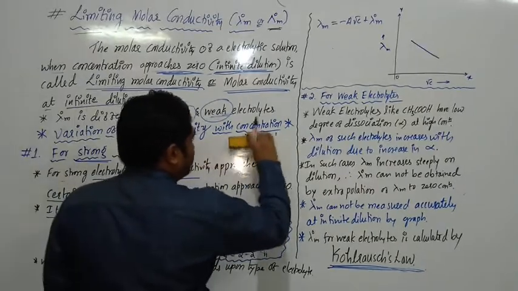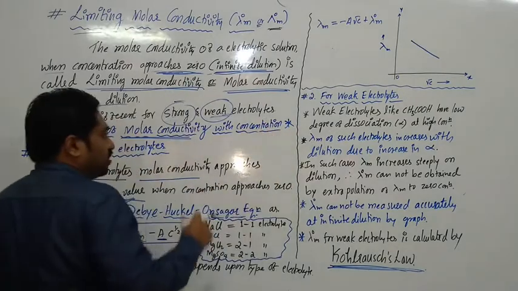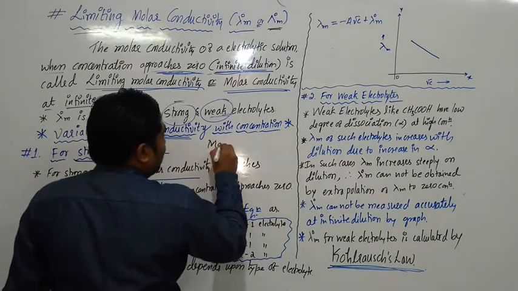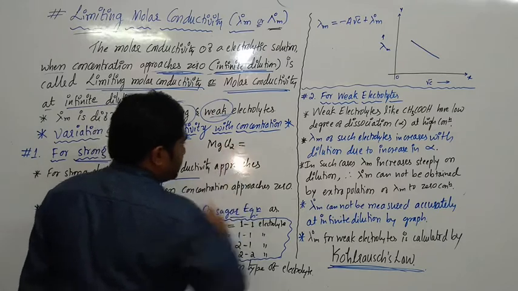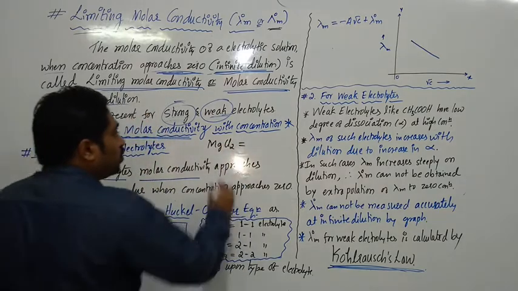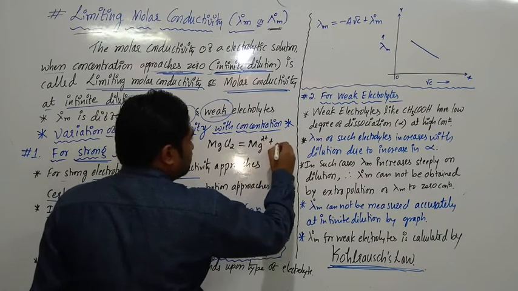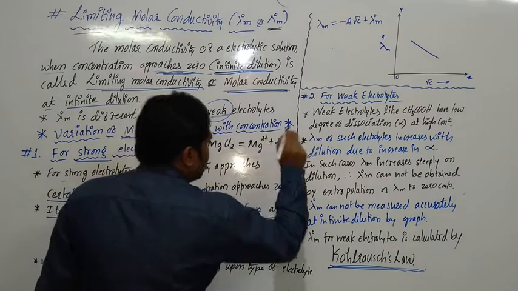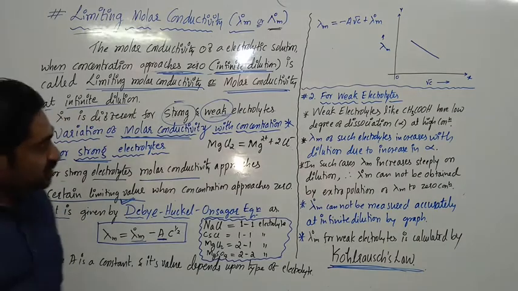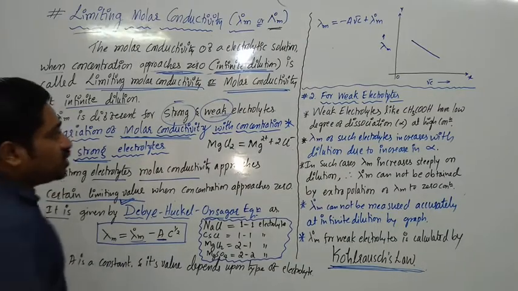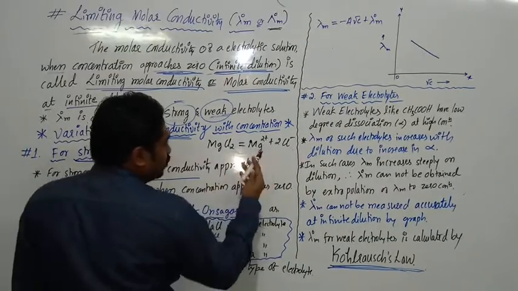If I take another electrolyte, MgCl2, it gives Mg2 plus and 2 into Cl minus. What is the charge on the cation? 2.